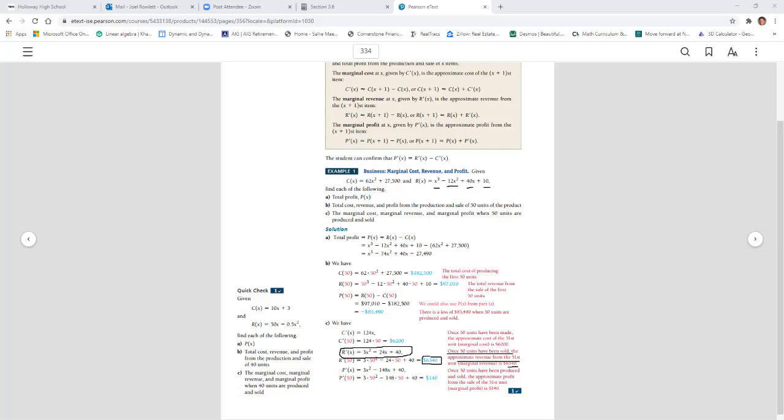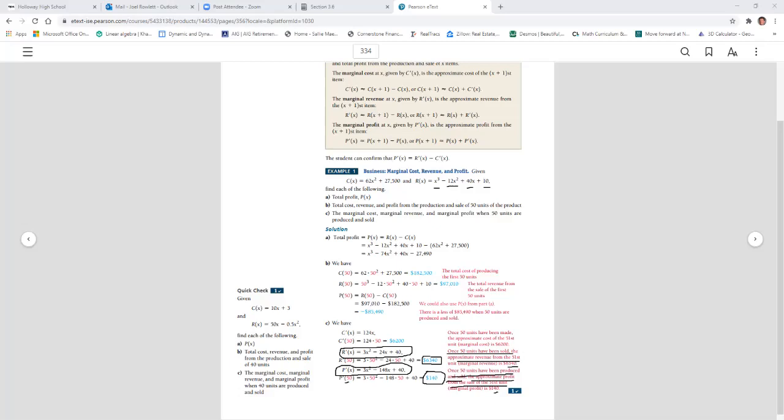And finally, we look at the marginal profit. This is derived by taking the derivative of P of X. Again, we plug in 50, and we see that the marginal profit is $140. So let's interpret that. Once 50 units have been produced and sold, the approximate profit from the sale of the 51st item is $140.